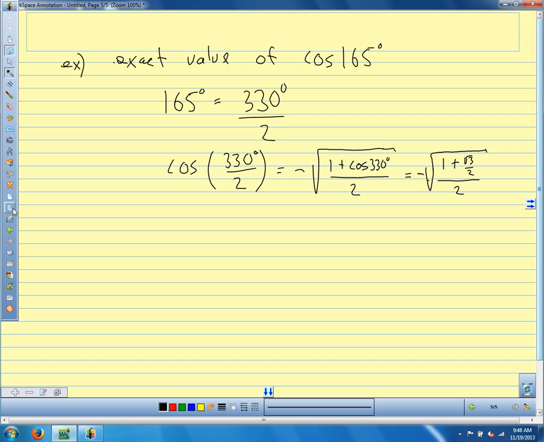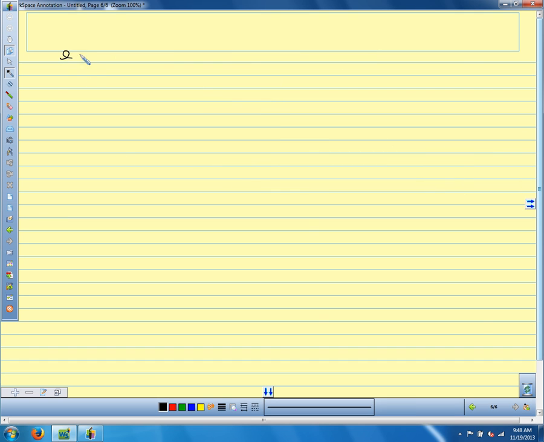Okay, let's use a half-angle formula to solve an equation. So we want to solve 2 sine squared of x over 2 equals cosine x.